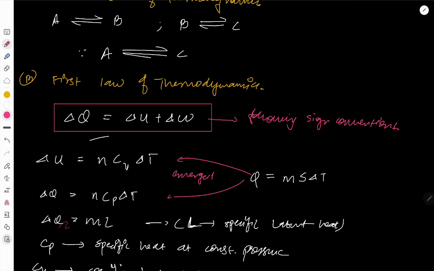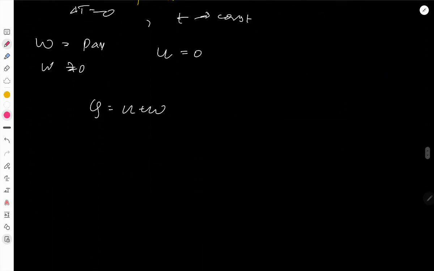Yes, and now these formulas are important. So we cannot say that Q is equal to 0, but delta U is for sure equal to 0. So Q becomes equal to W.